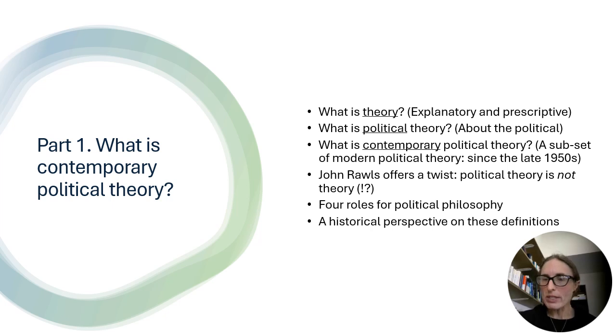He says, to be honest, we really shouldn't think of political theory as theory. Political philosophy is not theory. Political theory is not theory. And that's why he prefers to use the term political philosophy rather than theory. He'll assign 4 roles to political philosophy, and then we'll consider a historical perspective on these definitions.